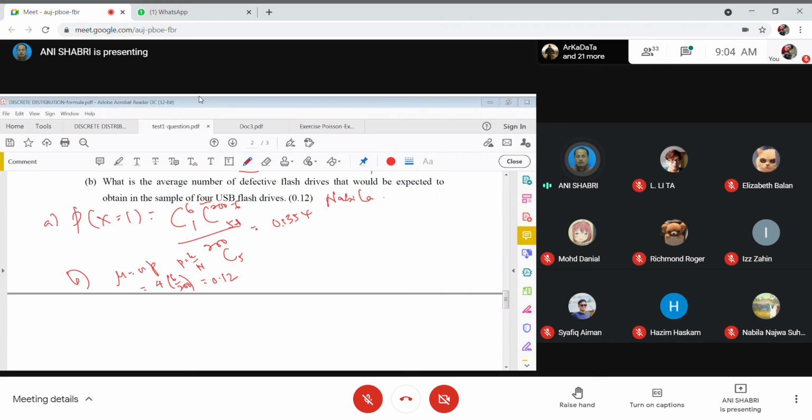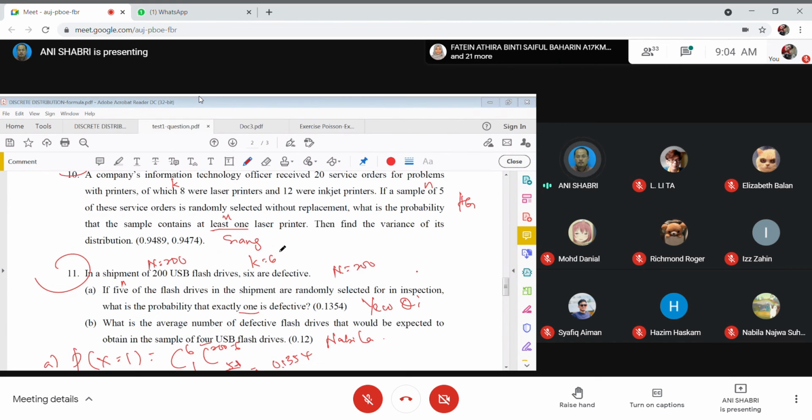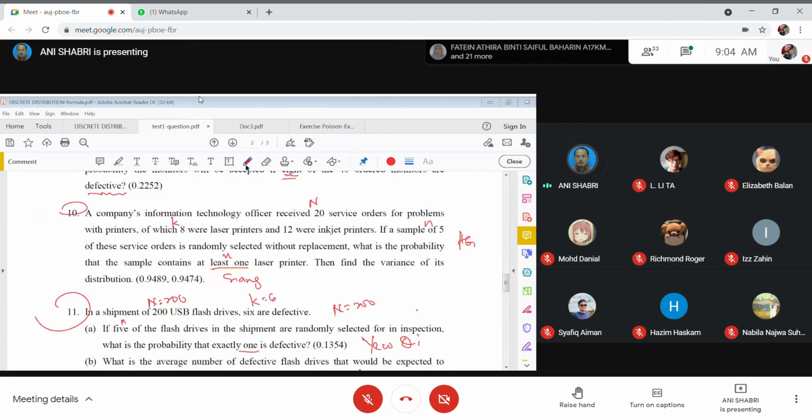Okay, the number 1, number A. For this one, we want to find the probability that X is greater than or equal to 1. It is equal to 1 minus P of X less than or equal to 0.